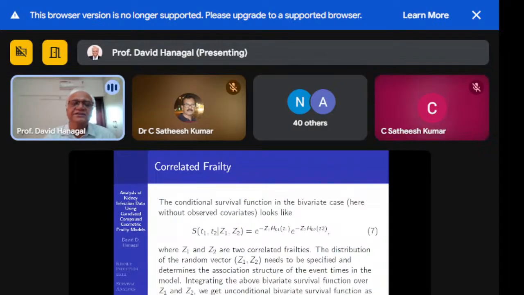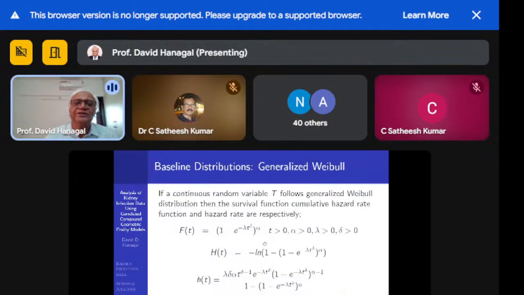When you integrate over Z1, Z2, we get this quantity. This is a bivariate frailty distribution, a correlated bivariate frailty distribution, because Z1 and Z2 are correlated with correlation coefficient rho.